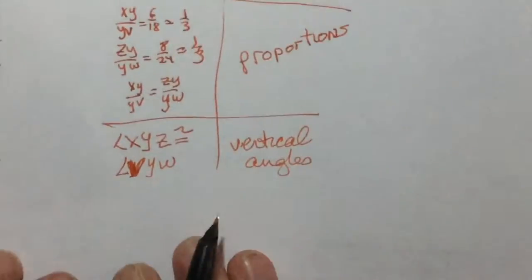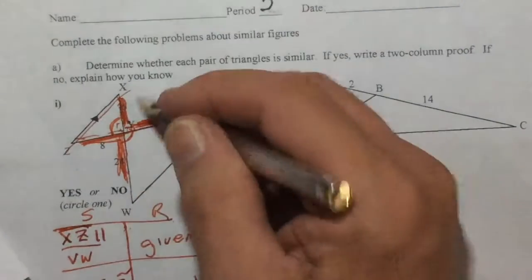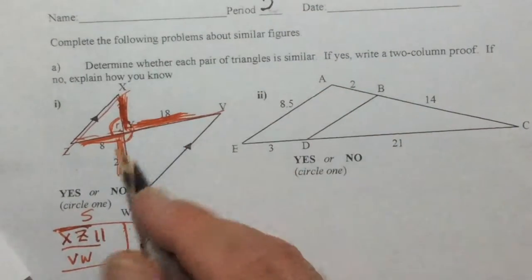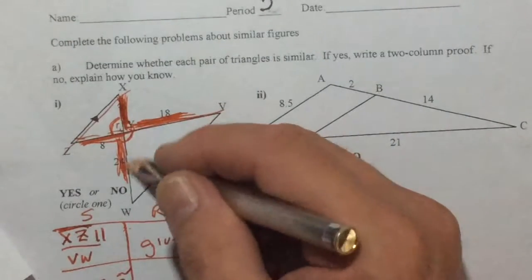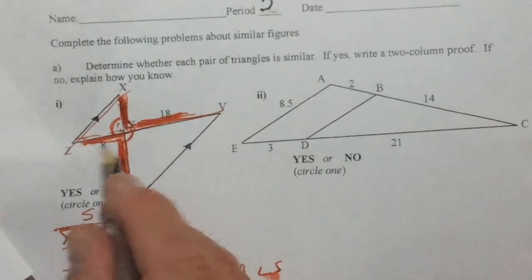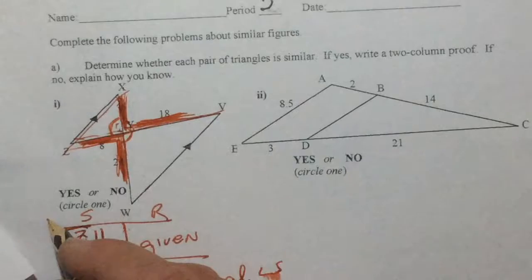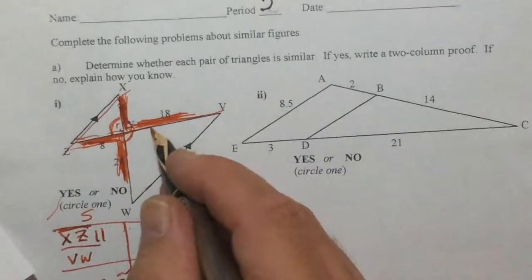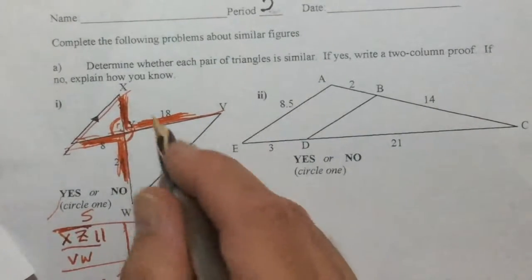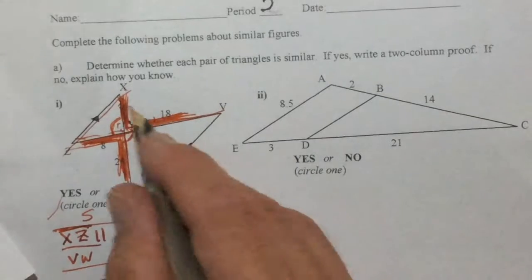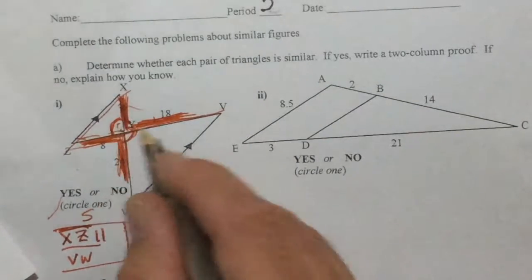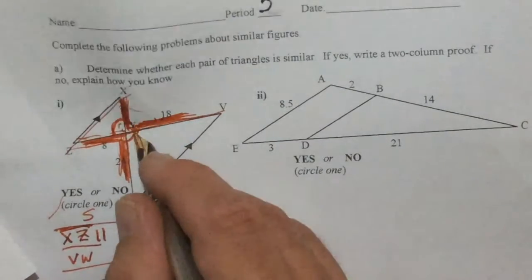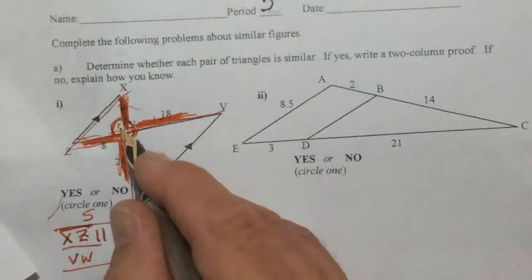And the thing is that 18 is proportional to 6 the way 24 is proportional to 8, right? So these two have the same proportions and the same ratio, and this angle is congruent to this angle. We have side angle side here, side angle side.